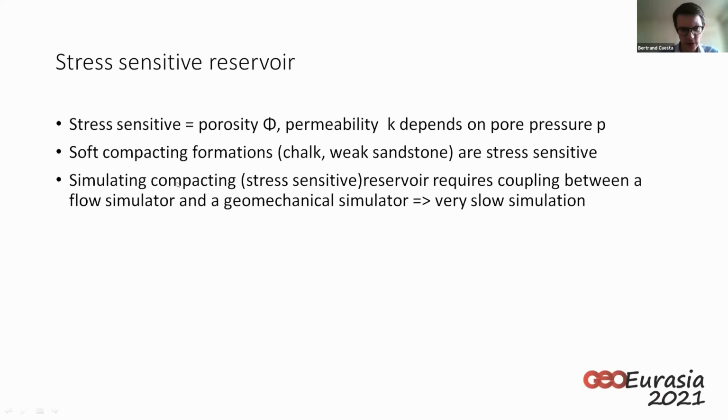The current practice when we want to simulate compacting, so stress-sensitive, reservoirs is to couple a flow simulator like, for instance, Eclipse, T-Navigator, or whatever, and a geomechanical simulator like Visage or Abaqus or Elfen.